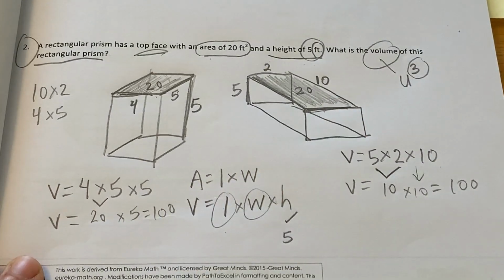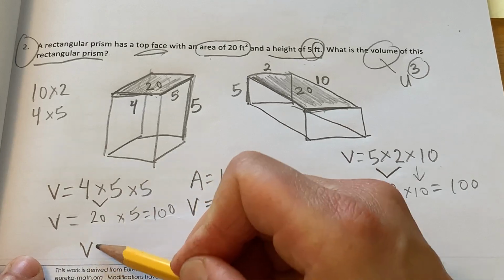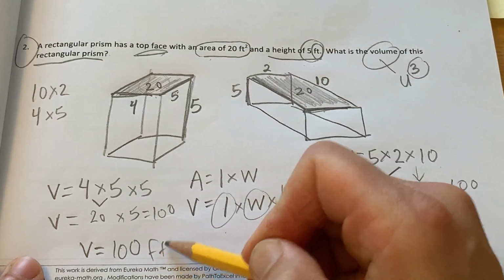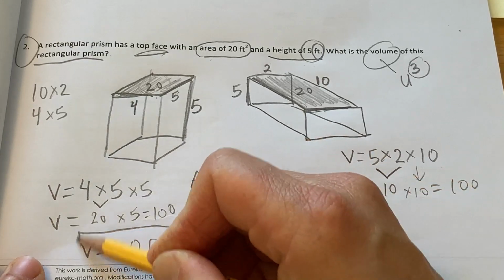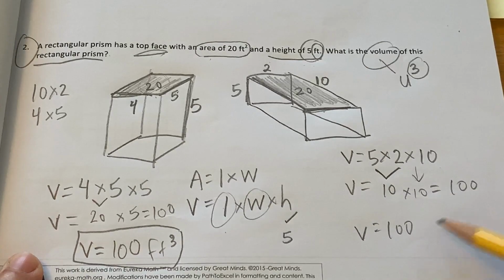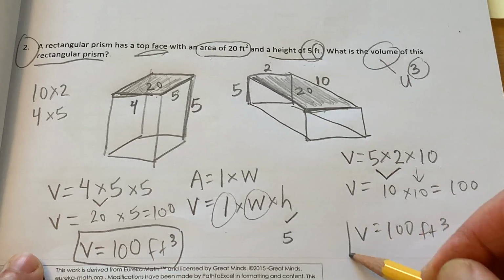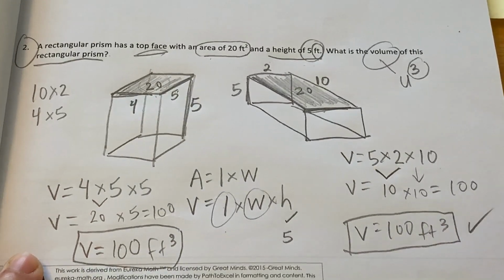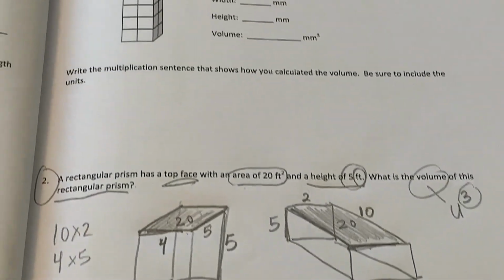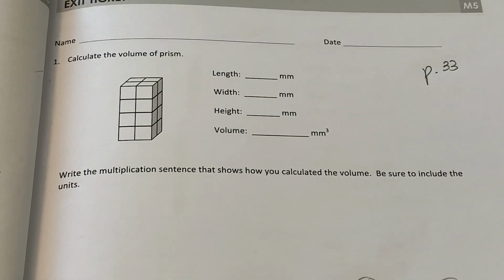All right, we got the same answer. Now let's put in our units. Volume equals 100 feet cubed. Over here, volume equals 100 feet cubed. Did you get it correct? Good job.